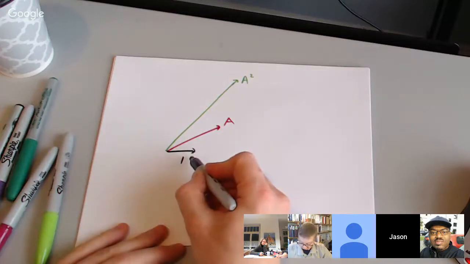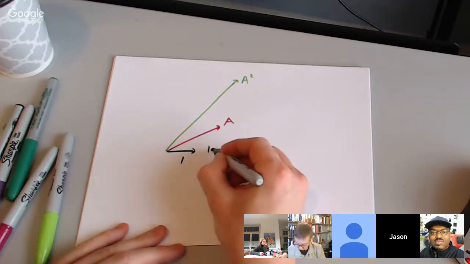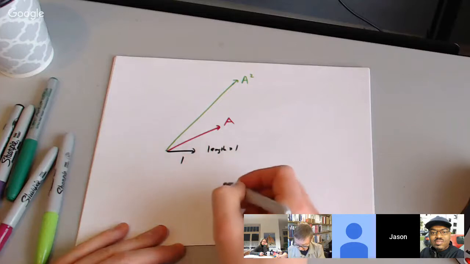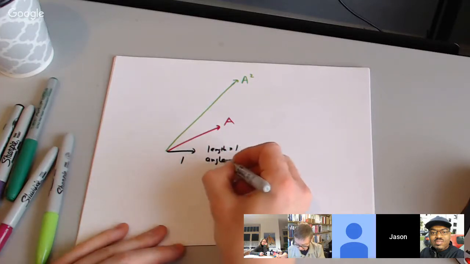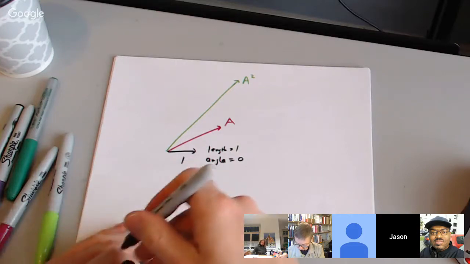So, for example, 1, we could say, has a length of 1, and its angle is 0.